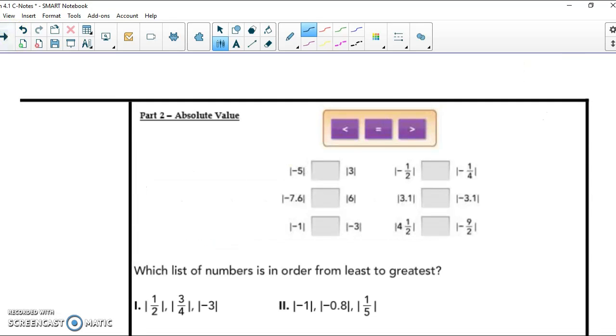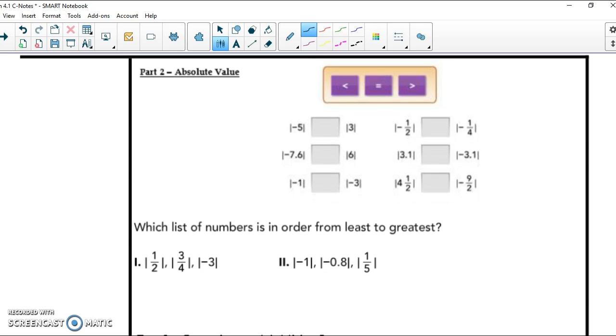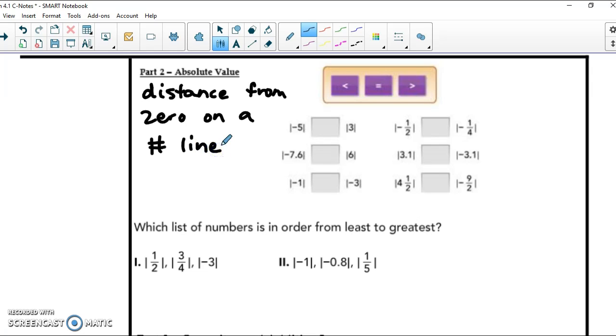All right, the second part we are looking at today is called absolute value. And absolute value just means the distance from 0 on a number line. So I'm going to show absolute value using a set of bars like this.